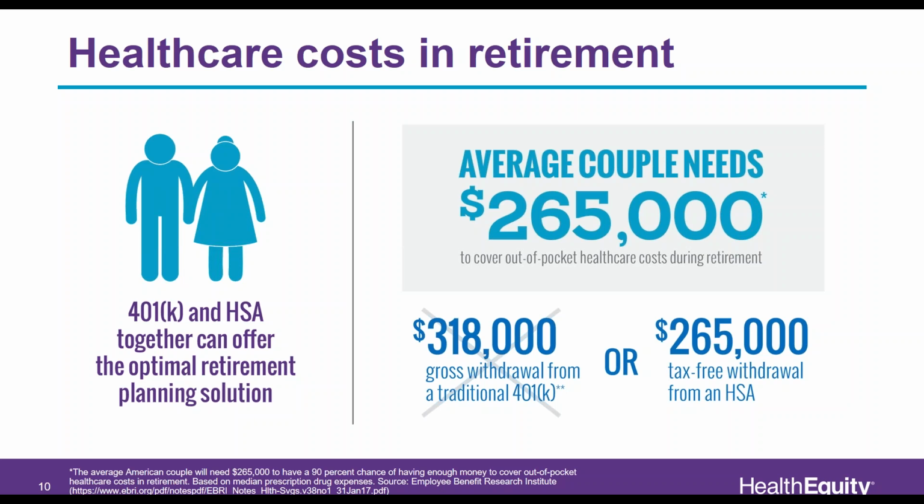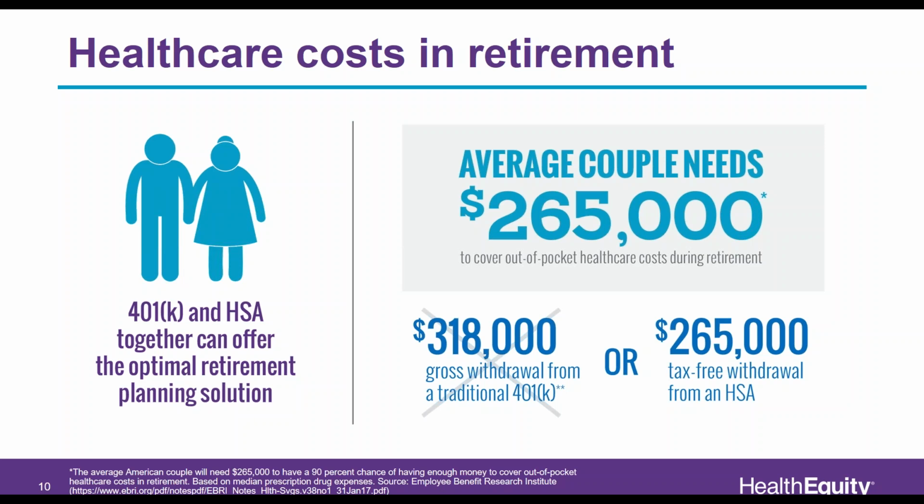Now, if I choose to fully fund my HSA and take it with me as a nice little nest egg into my retirement years, I can take that tax-free withdrawal from an HSA for those out-of-pocket healthcare costs during my retirement years. So I can use my 401k as my retirement account, of course, and buy my cute little cottage out in the country and garden away my golden years.